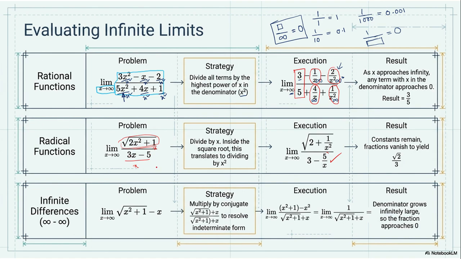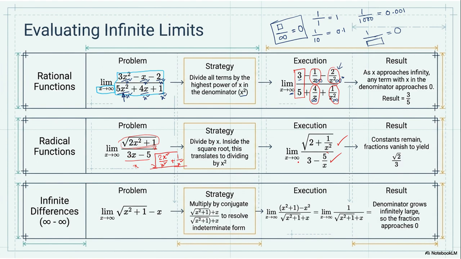So here, root over 2x square by x square plus 1 by x square in the numerator. The x square will be cancelled out. So we will have only root over 2 plus 1 by x square.